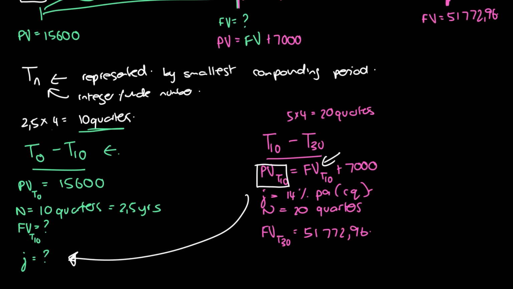We then technically only have the one unknown, the present value. So we work out the present value, and then we realize we can use it to work out our future value in part 1. Just a reminder, in part 1, our future value is equal to the present value at T10 minus 7,000. So that's another hint that we needed information from part 2 for part 1.